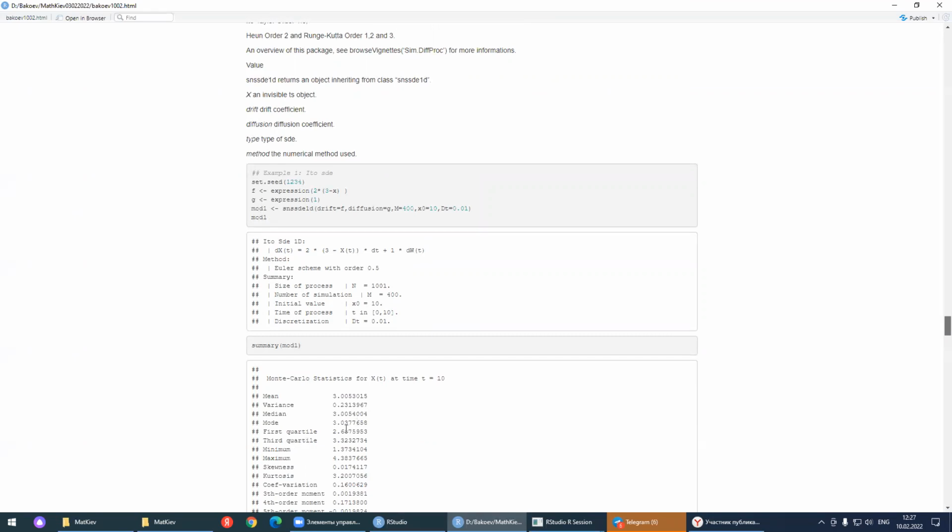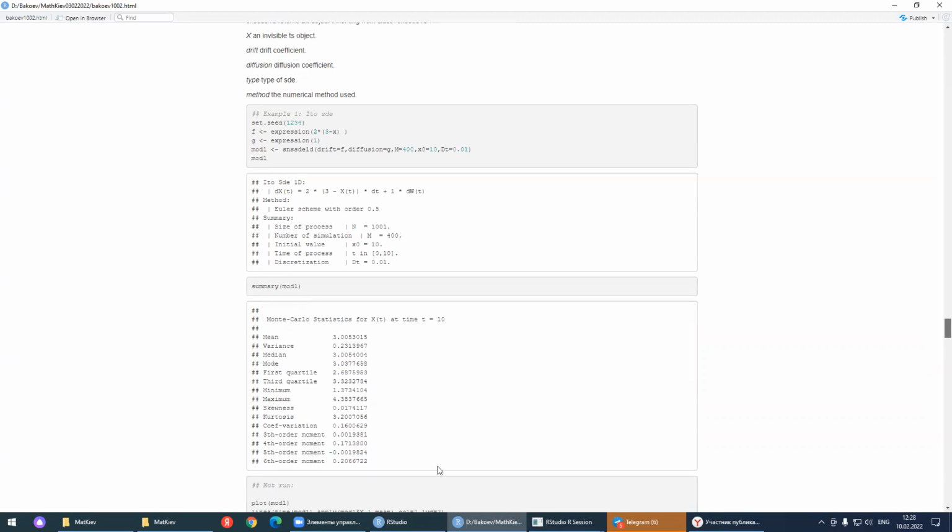In this case, we analyze the solution of the stochastic differential equation as a time series. Also the coefficient of variation.